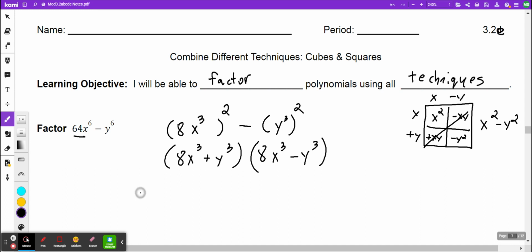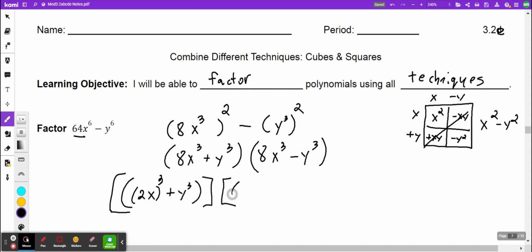So I have 2x to the third power plus y to the third power, and I'm still going to have this difference of two cubes right here: 2x to the third minus y to the third.